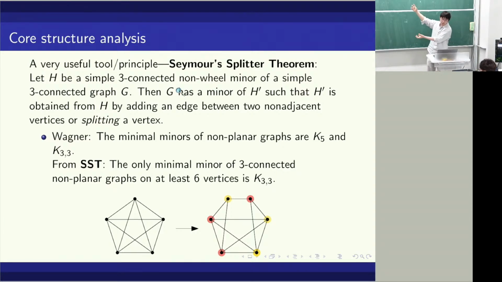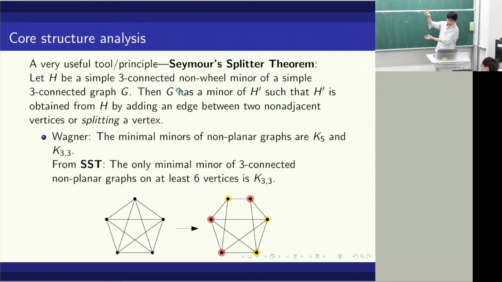So you may wonder whether this path of operations would go out of the class of 3-connected graphs. And Seymour told us that we can always find a path which stays inside the class of 3-connected graphs.